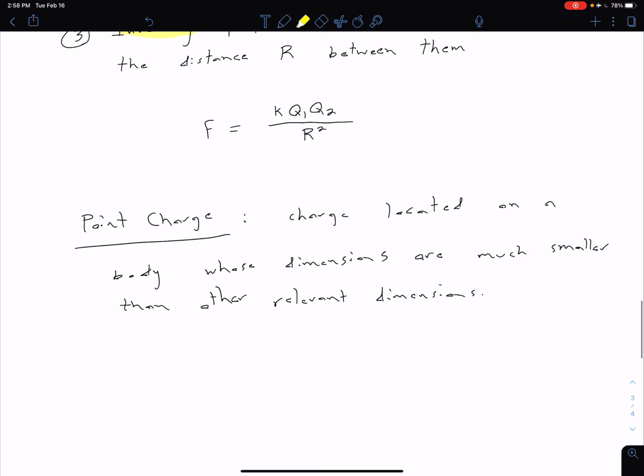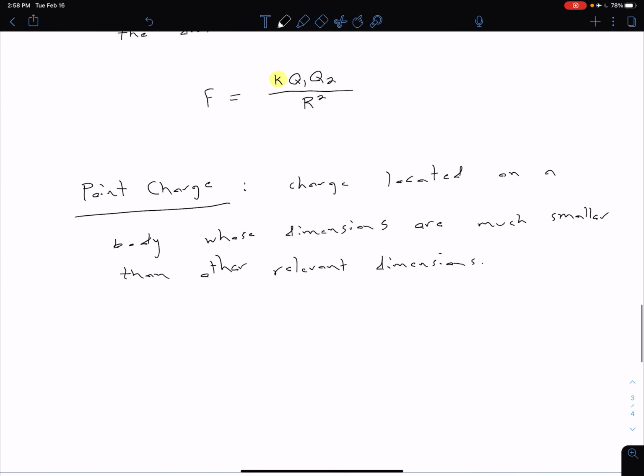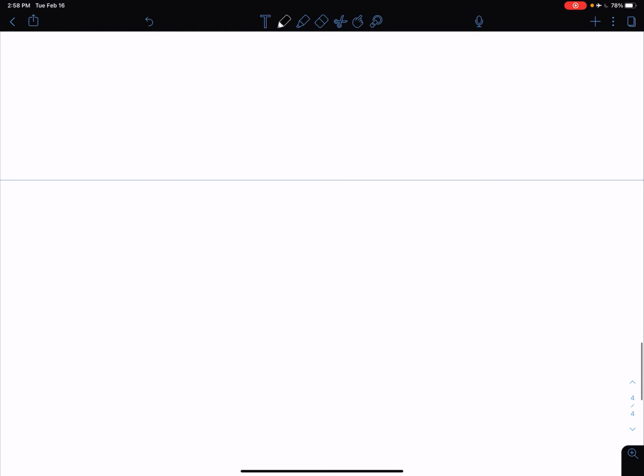So now, coming back to this constant that I just sort of randomly added in here, k, what is that? It turns out k is something called our proportionality constant. Lowercase k is our proportionality constant. If we're using SI units, so if we have everything in terms of coulombs, meters, and newtons for our charge, distance, and force respectively, then our proportionality constant is equal to 1 over 4 pi epsilon naught.